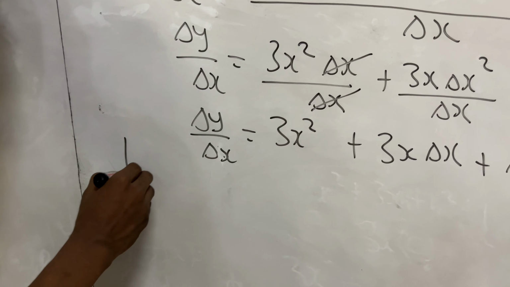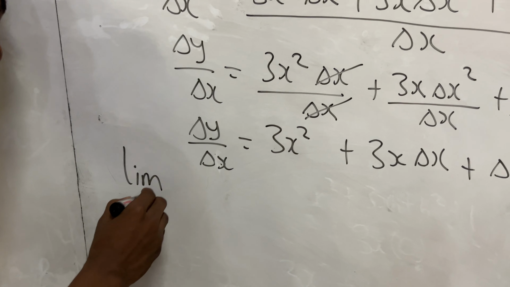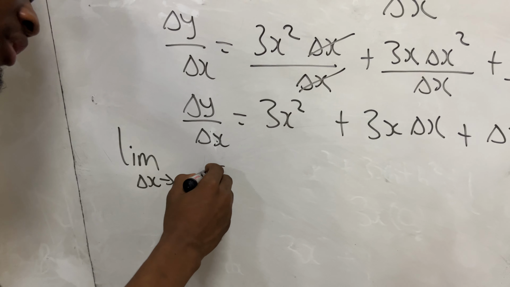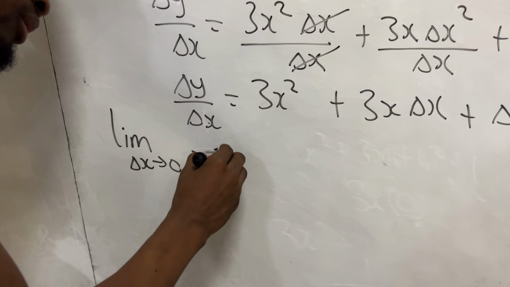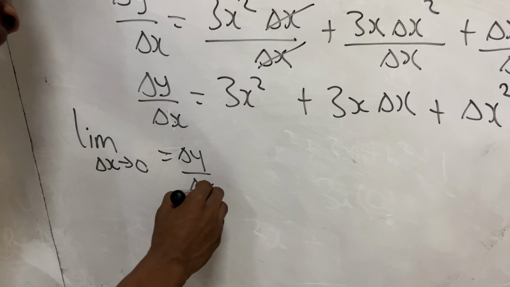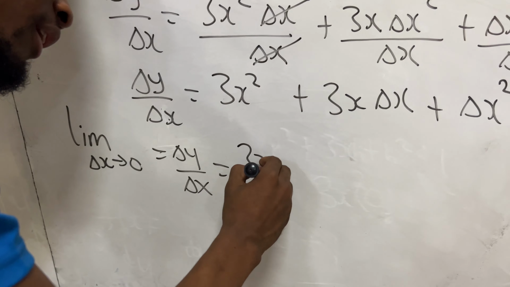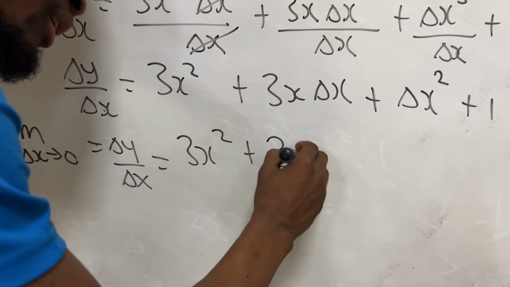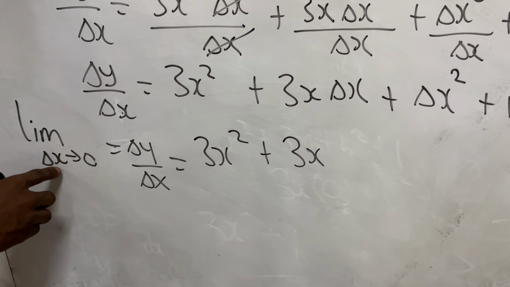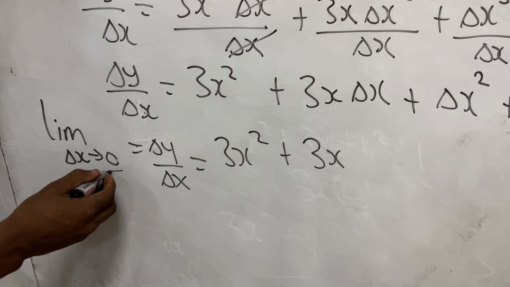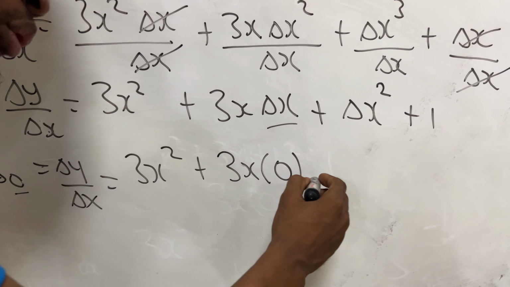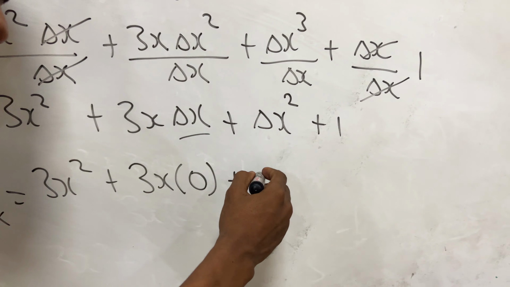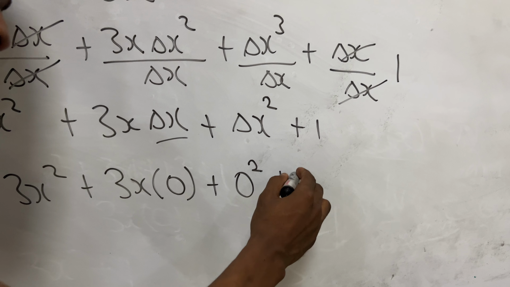But we know that the limit as change in x approaches 0 of this expression will give me change in y over my change in x is equal to 3x squared plus 3x. Wherever I see change in x, I'll put 0 over there. So times my change in x, which is 0, then plus I have change in x squared, so I have my 0 squared, then plus my 1.